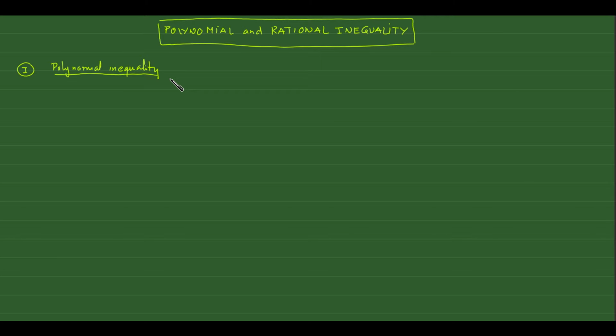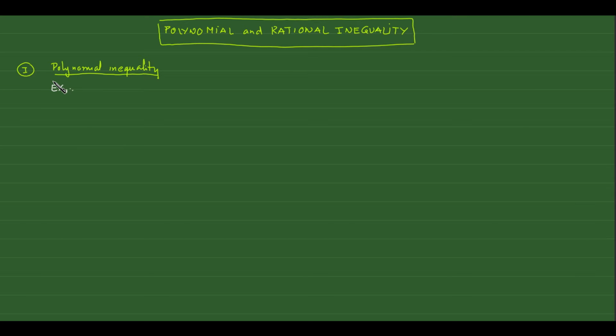And we put it on a number line, and we check which interval in that number line satisfies the inequality, then we have the answer. We have the solution. So the solution to a polynomial inequality will be interval notation, because we are talking about inequality now. It's not just one solution or two solutions. Okay. So for example, I have something like this.